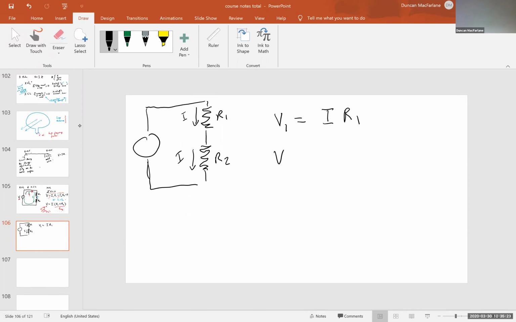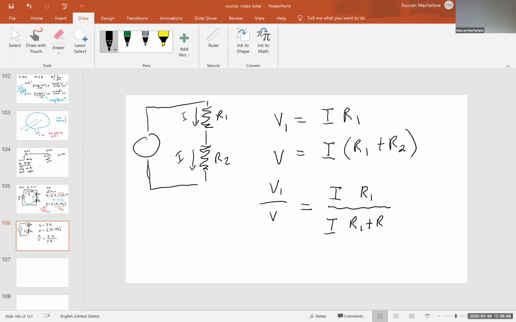And I also know that the total voltage is going to equal I times R1 plus R2. That's my equivalent resistance. So I can write V1 over V, is equal to I times R1 over I times R1 plus R2.